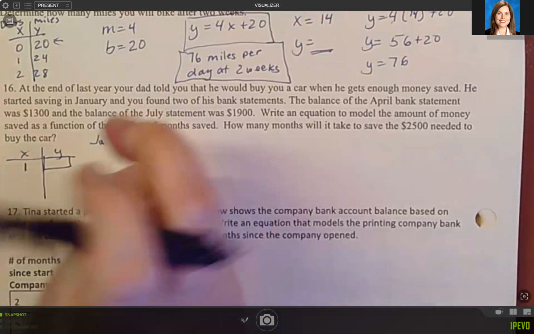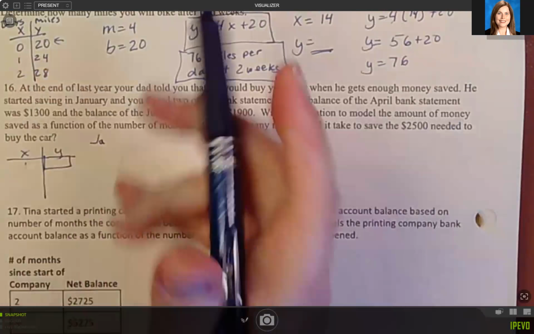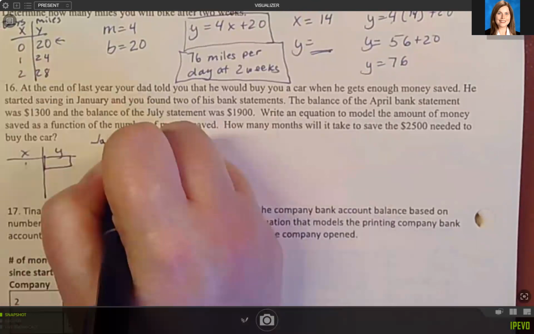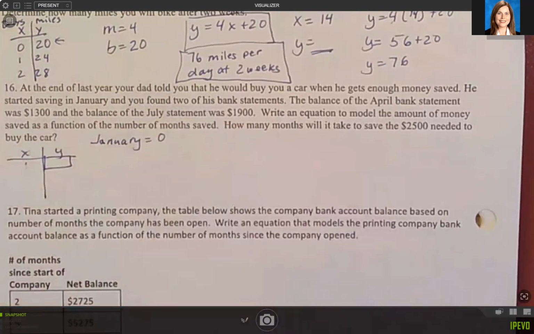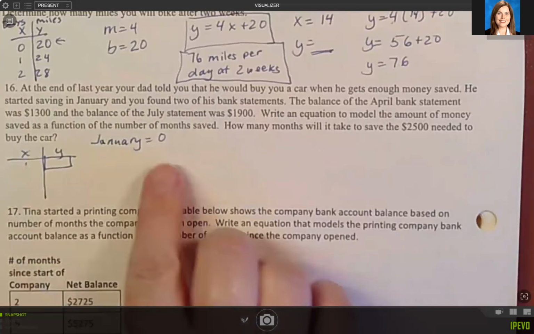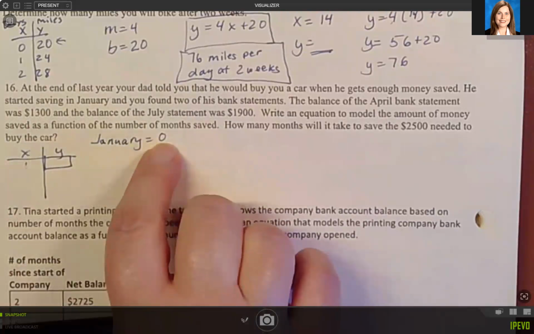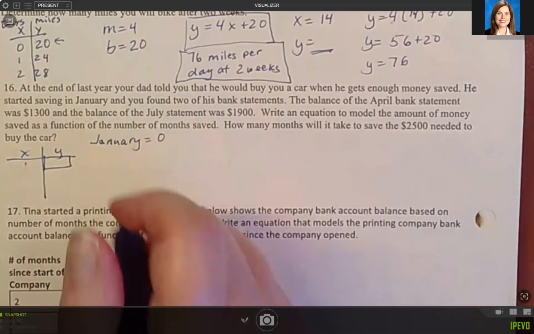Okay, so January is our starting point. So let's actually just call that 0 as it is described in the problem. I don't love that, because typically we think of January and we think of the number 1 for the month number. But since it's the starting point in our equation, for the number of months, our starting point is 0.